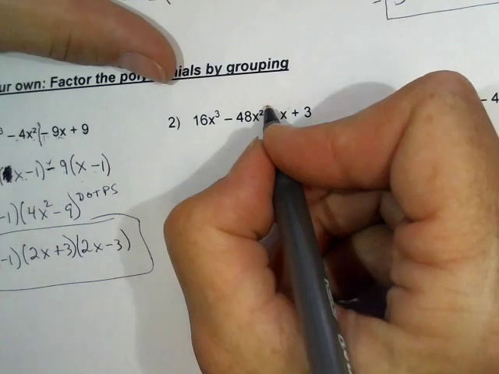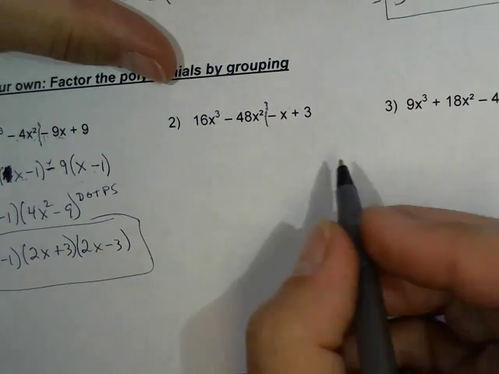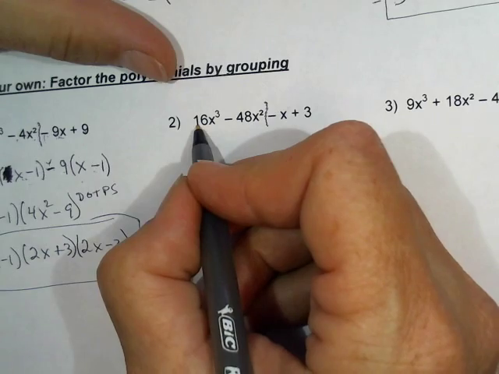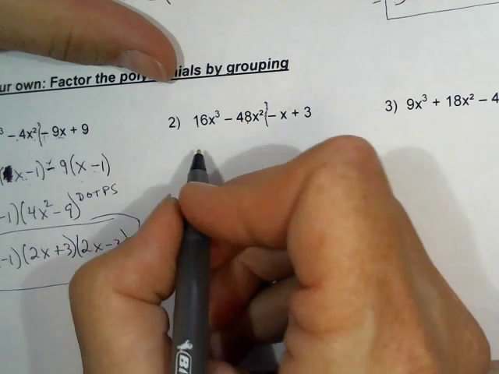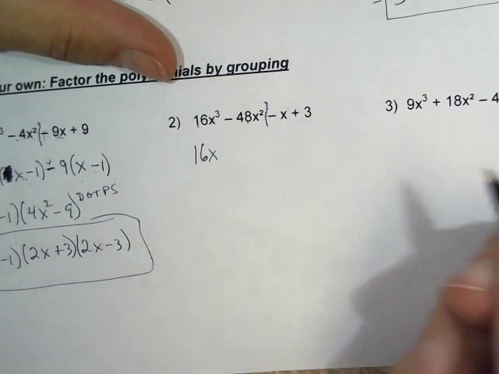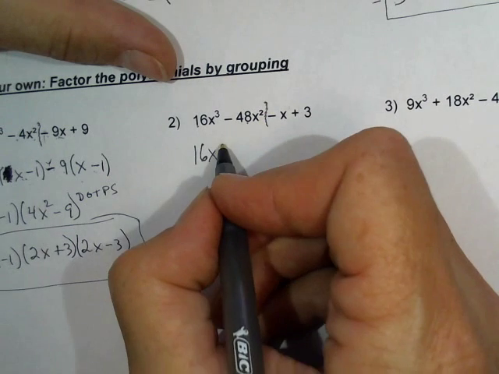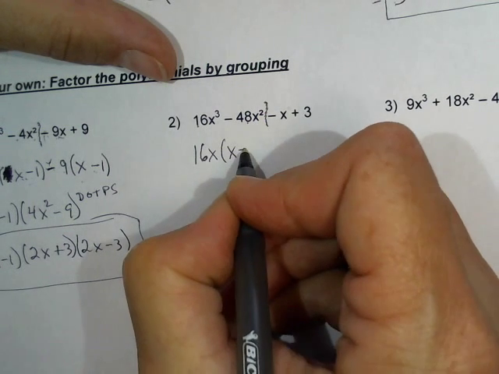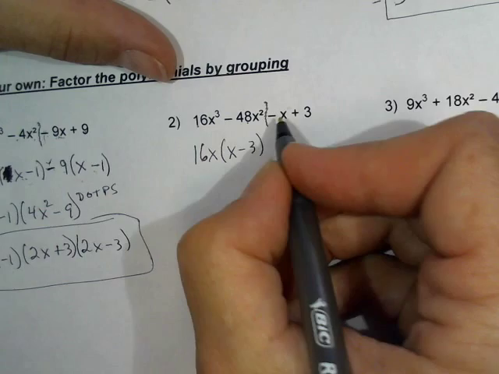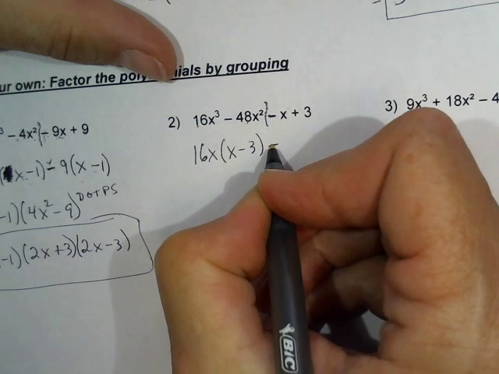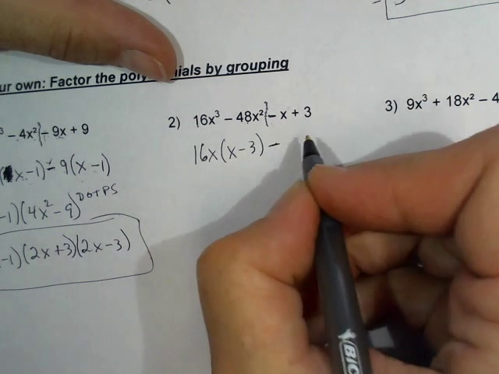Number 2, we're going to split this in front of the minus sign. The GCF of 16x cubed and 48x squared is a 16x. So if we take 16x out of here, we'll be left with x minus 3. Now we have a minus here, so we're going to write the minus down here, pull that same thing out.